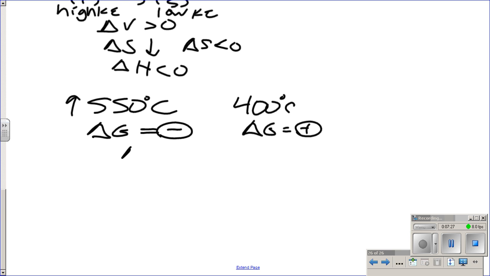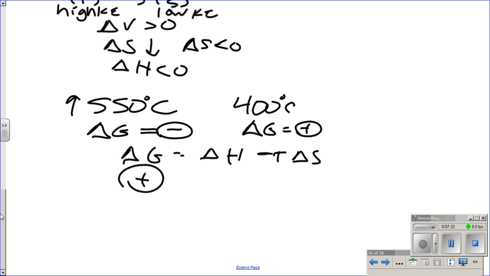Because delta G is equal to delta H minus T delta S, and this has to be positive. What ways make it positive? At 400, but when you increase the temperature, making this variable, when it's 550, it's large enough to make this negative.